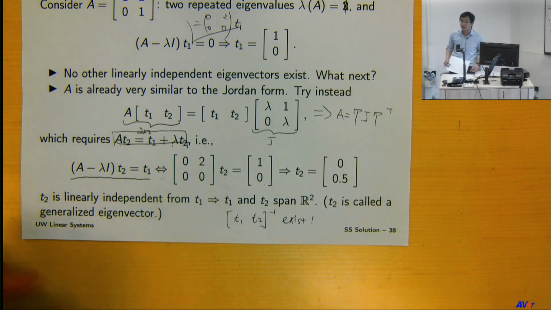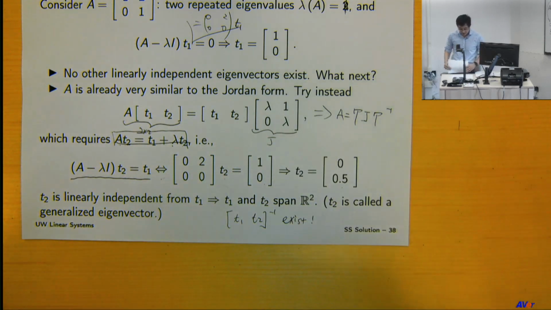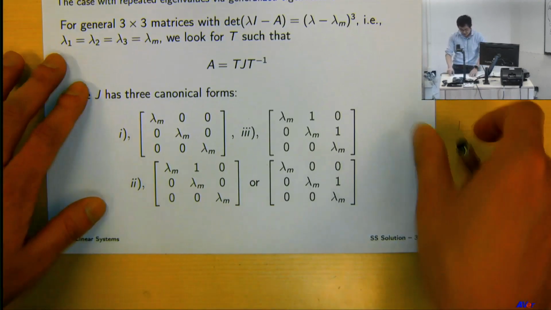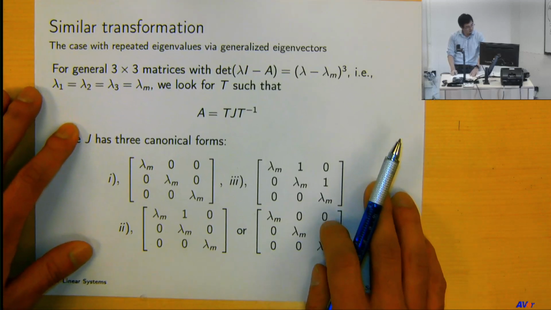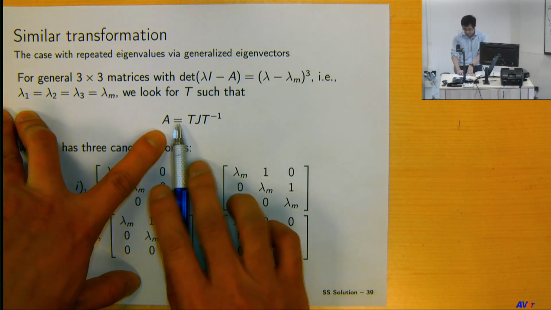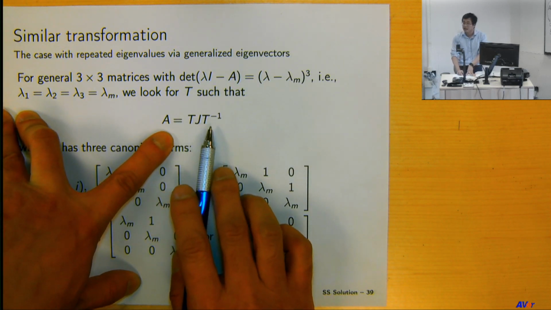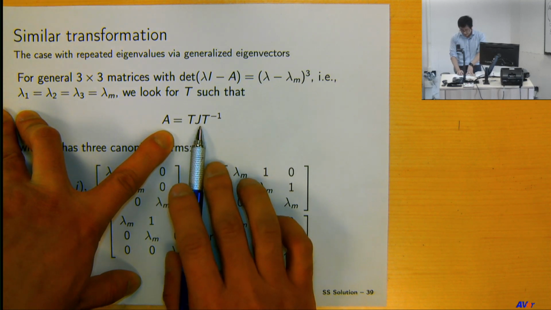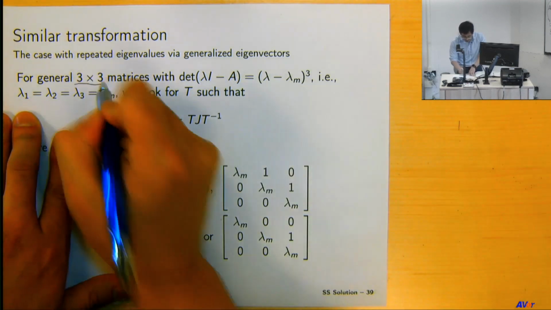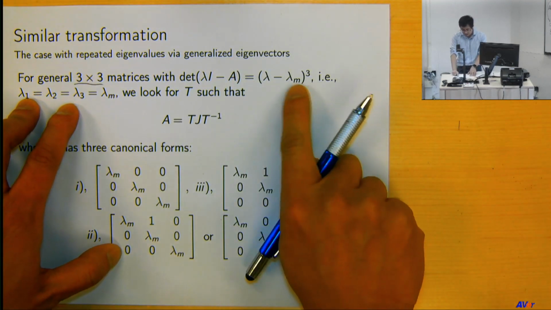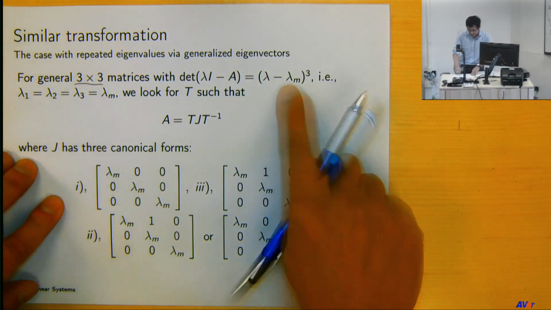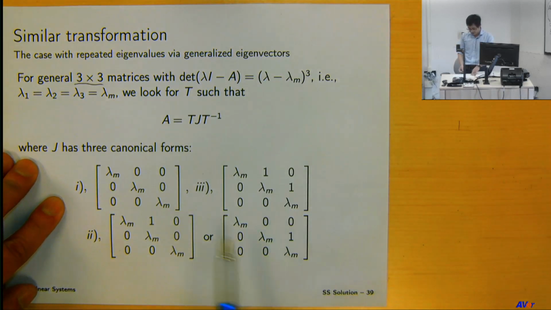Now this is the 2 by 2 case. For the 3 by 3 case, it's very similar, but slightly different. We still are doing this decomposition, A equal to T J T inverse. However, there are different scenarios for the Jordan form if it's 3 by 3. Let's say the eigenvalues are lambda m, repeated 3 times, then the Jordan form can have different cases.